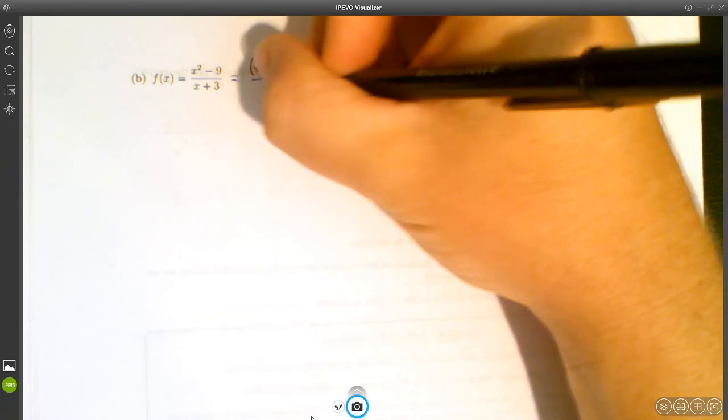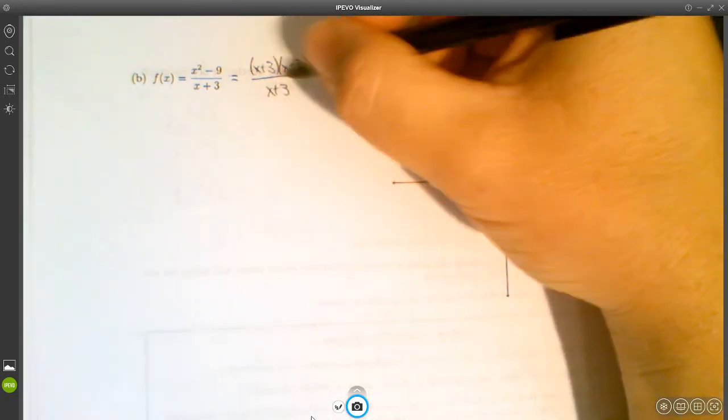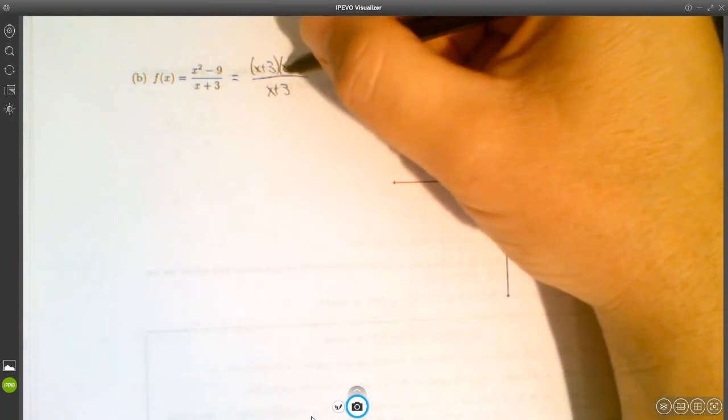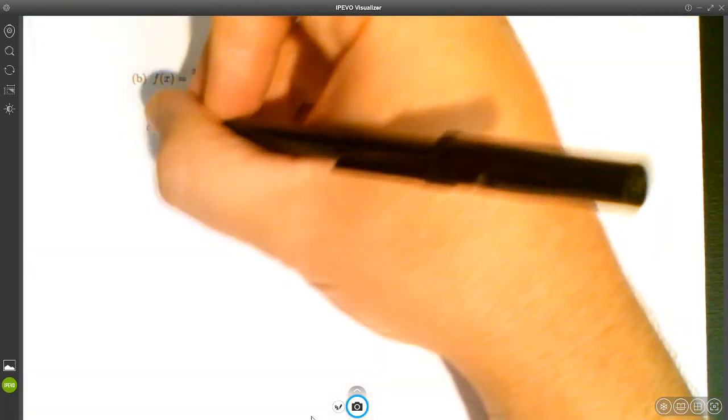x squared minus 9 over x plus 3. Okay, this is x plus 3 times x minus 3 over x plus 3. So I get a bunch of information here. For one thing, I know that I have a hole at negative 3. And then I also know that I have an x-intercept at positive 3, so I'm going to write down x-intercept at (3, 0).